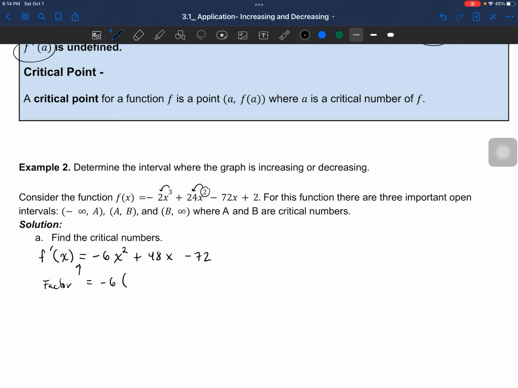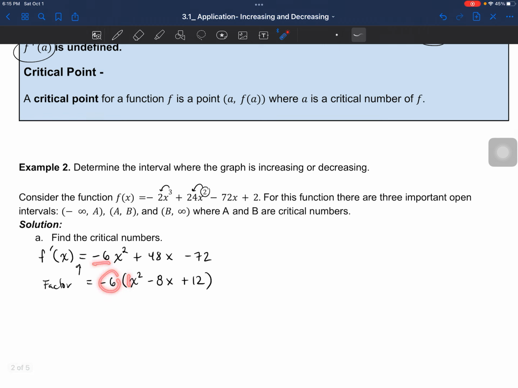So minus 6 times whatever's left behind: x squared, minus 8x, and plus 12.